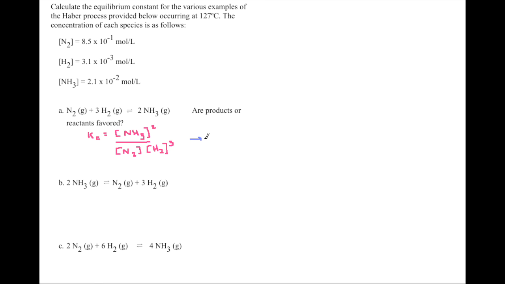For the concentration of NH3, I have 2.1 times 10 to the negative second. I'm going to square that all over the concentration of N2, which is 8.5 times 10 to the negative first, times the concentration of H2, which is 3.1 times 10 to the negative third, and I need to cube that value.